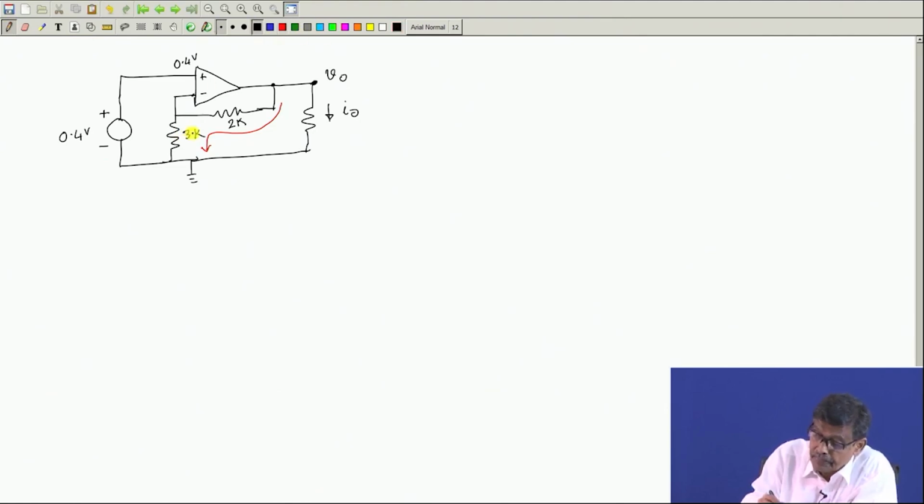So, this current I will be V naught divided by 8 plus 2K, which is equal to V naught by 10.